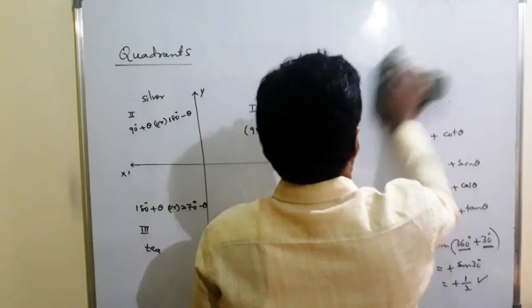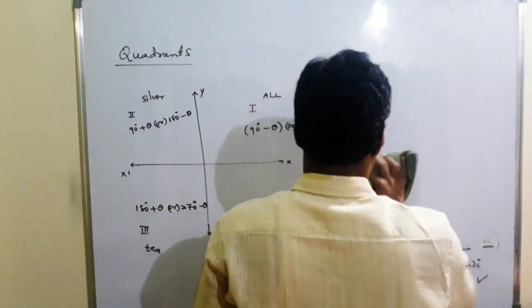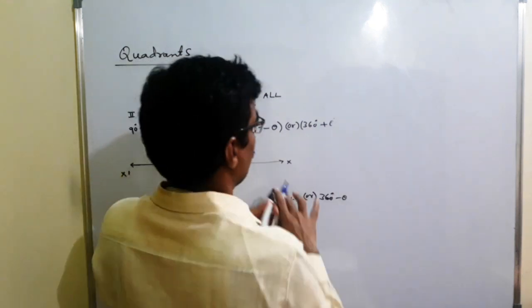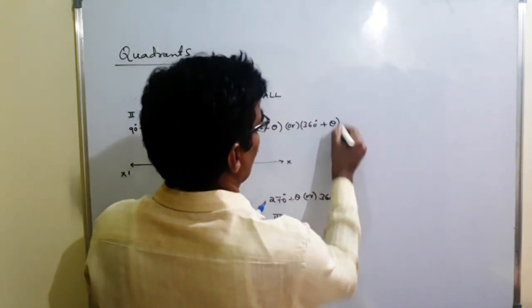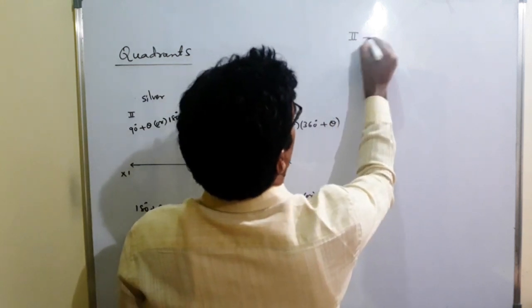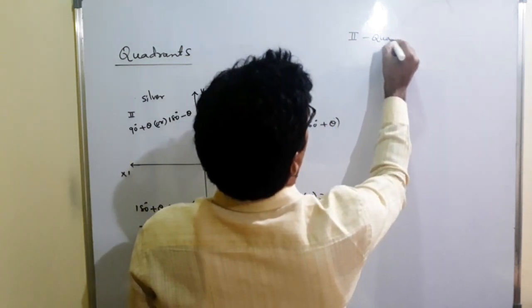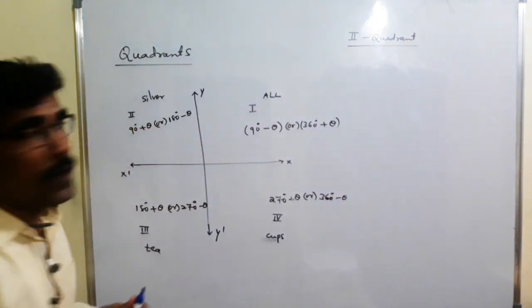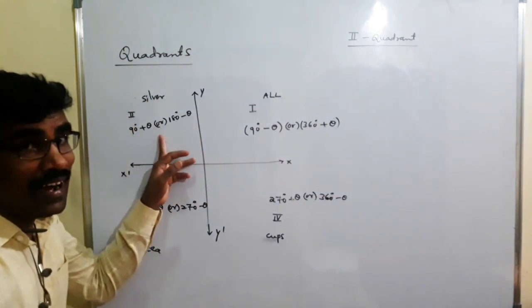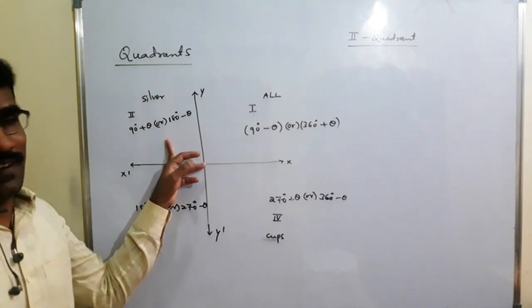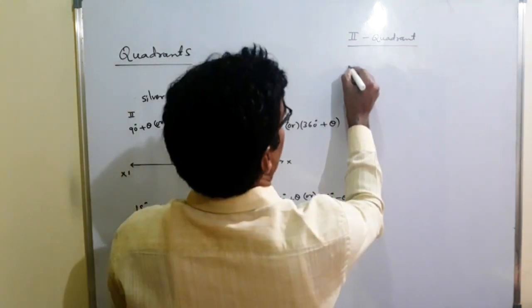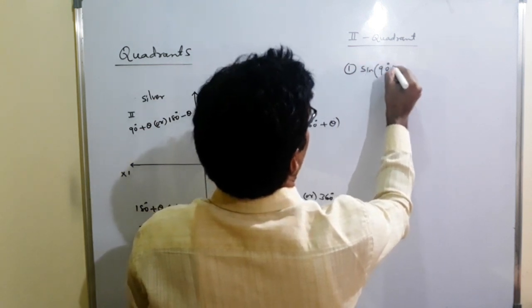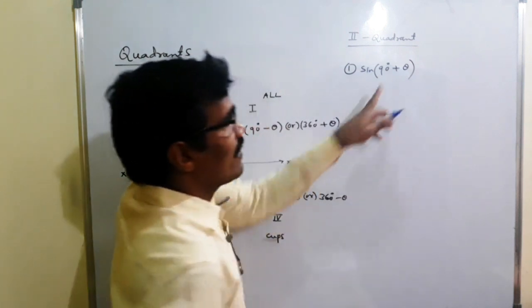Students, next one is second quadrant. Here which is positive? Sine and its reciprocal. First one is sine of 90 degrees plus theta.